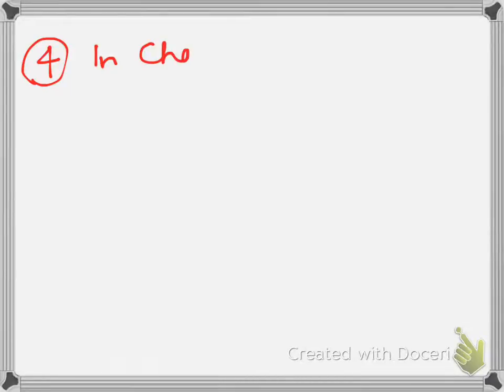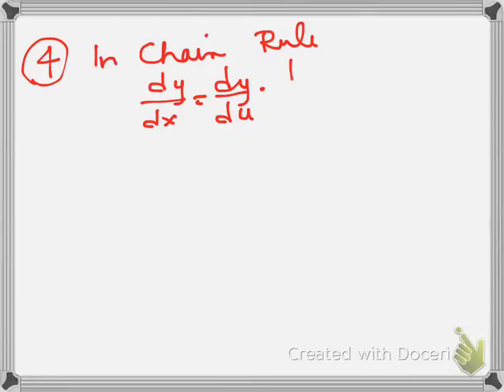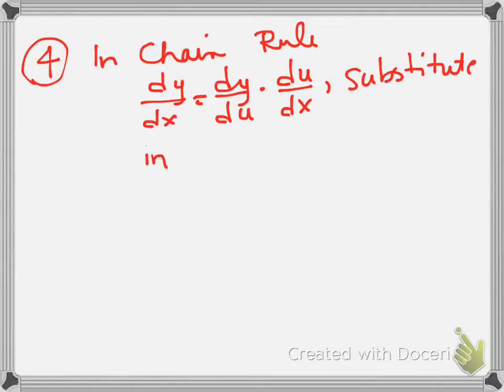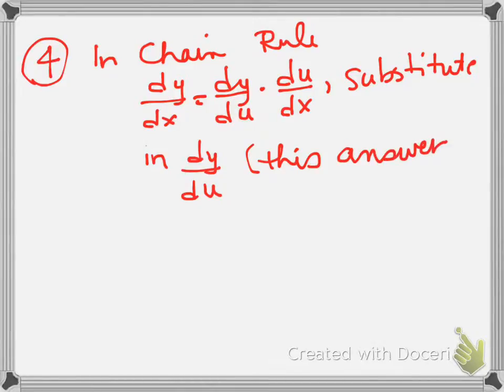So in the chain rule, which is dy dx equals dy du times du dx, we substitute in dy du, and this answer usually has a u in it, or at least one u.